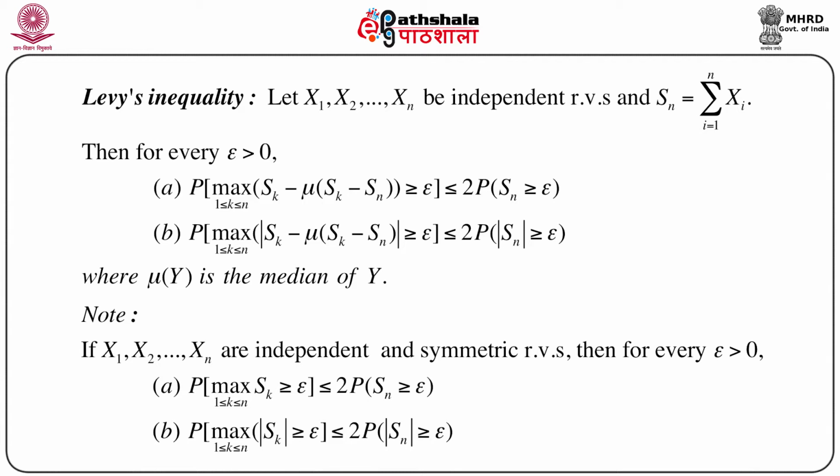The same kind of result holds when you replace sk minus mu of (sk minus sn) by its modulus. That means the probability of the maximum over 1 less than or equal to k less than or equal to n of the modulus of sk minus mu of (sk minus sn) greater than or equal to epsilon is less than or equal to twice the probability of the modulus of sn greater than or equal to epsilon.